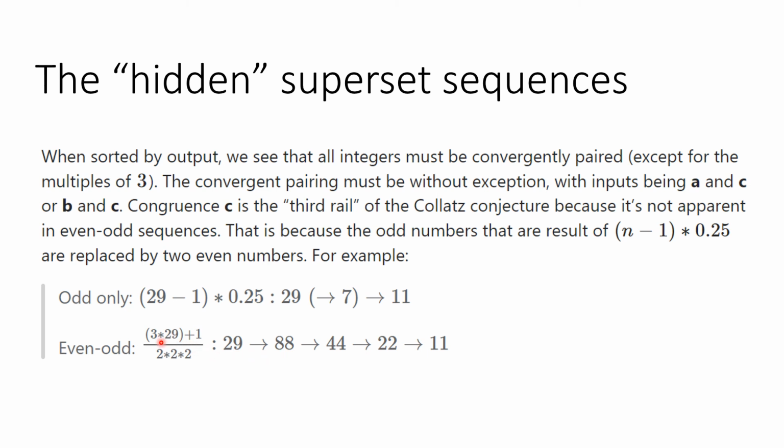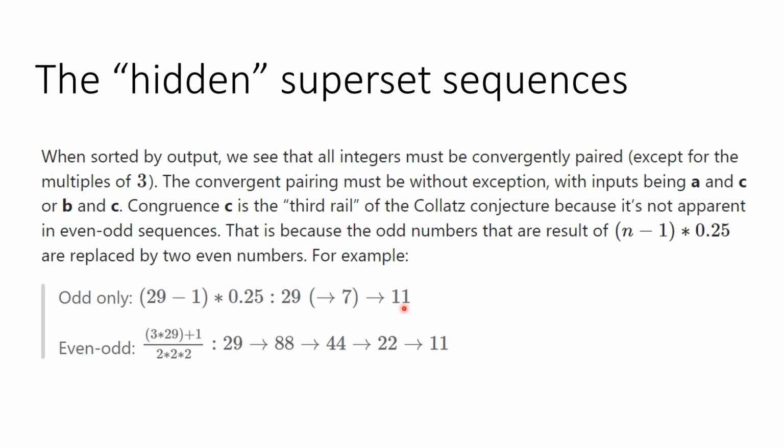So this recursive operation produces 11, and my odd-only function produces 11 as well, but it's in the following step where 7 is congruence A, and then you get plus 1, 8, multiplied by 1.5, which is 12, minus 1, which is 11.